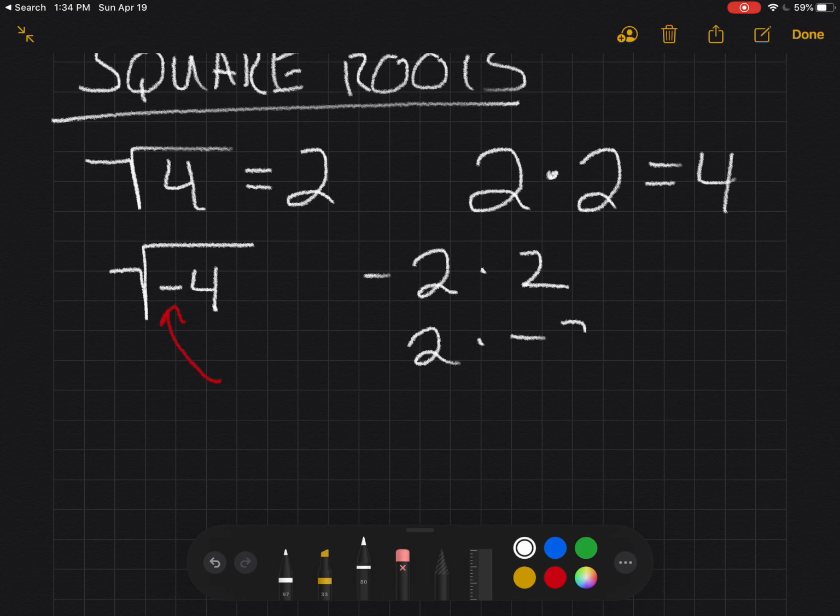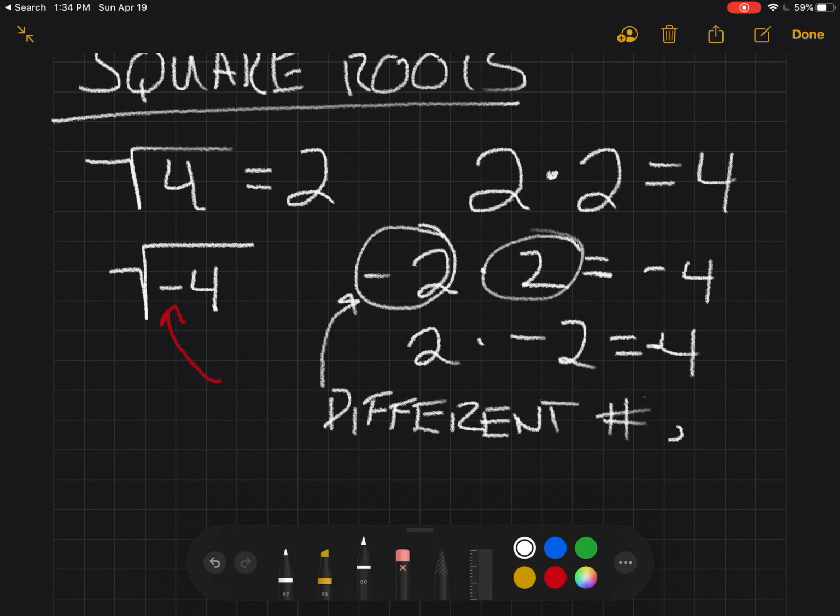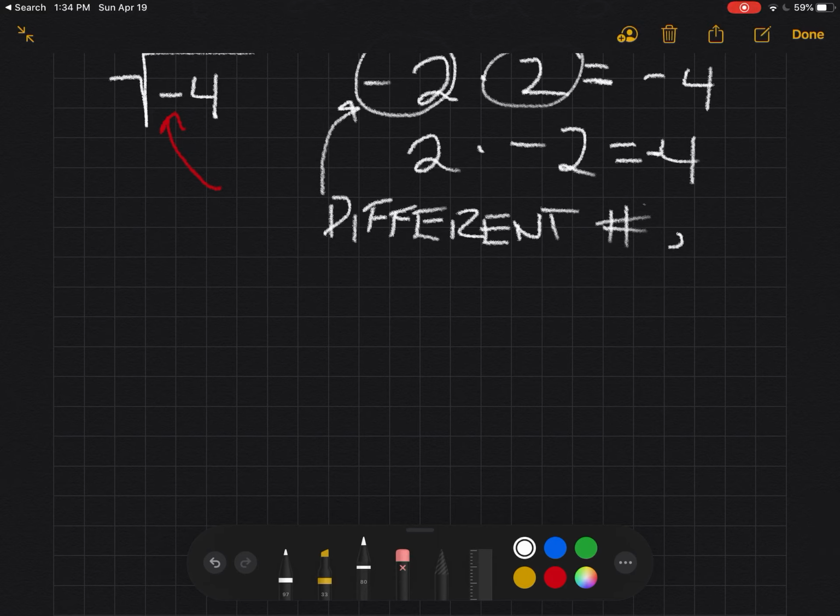This presents a problem for us, because the only way that I can get this negative sign here is when I multiply a positive times a negative. So I could do negative 2 times 2, or I could do 2 times negative 2. And those would each give me negative 4 as an answer. But then I don't have negative 2 times itself. I have negative 2 times positive 2. Those are both different.